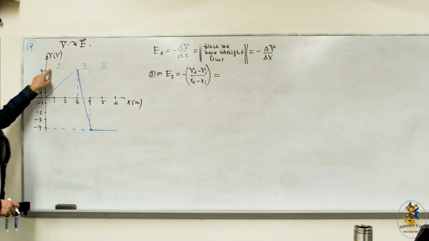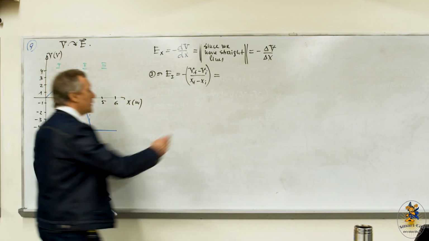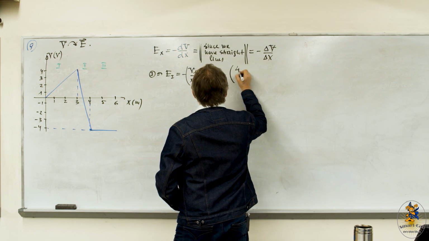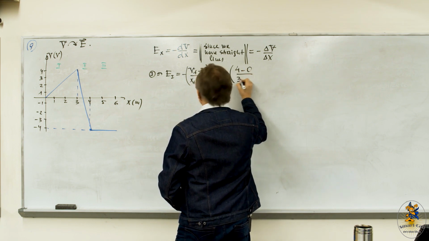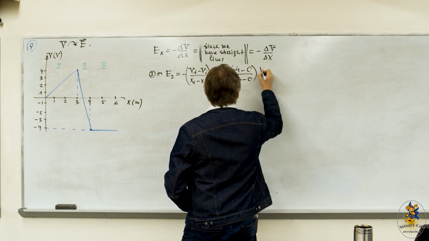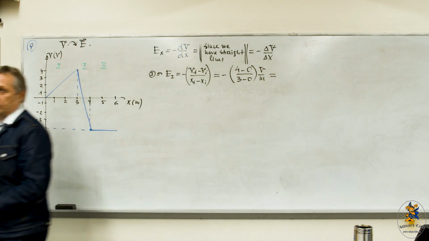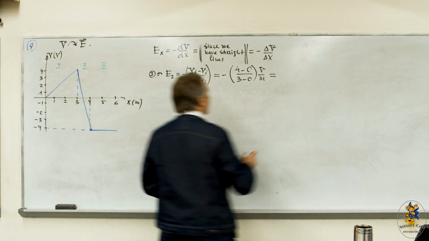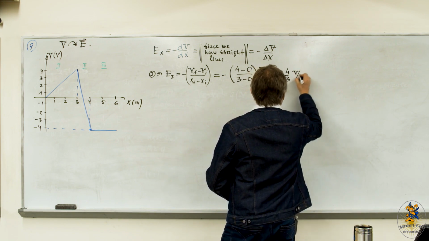Final point 4, initial point 0, final position 3, initial 0. So it will be minus 4 minus 0 divided by 3 minus 0. So it's in volts per meter. It's negative 4 over 3 volts per meter.